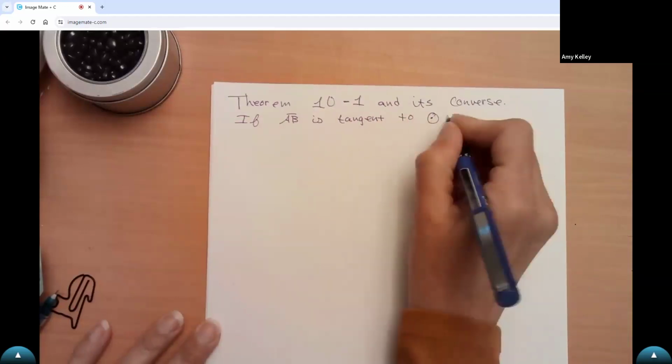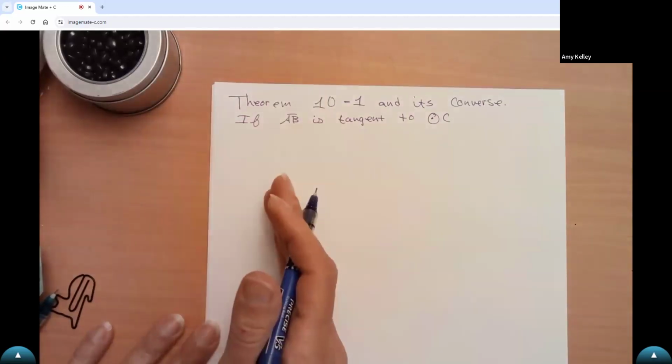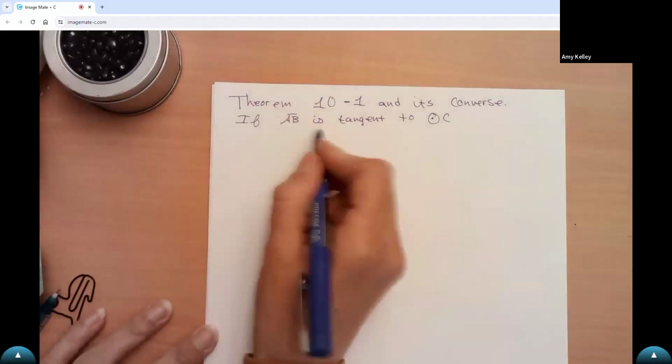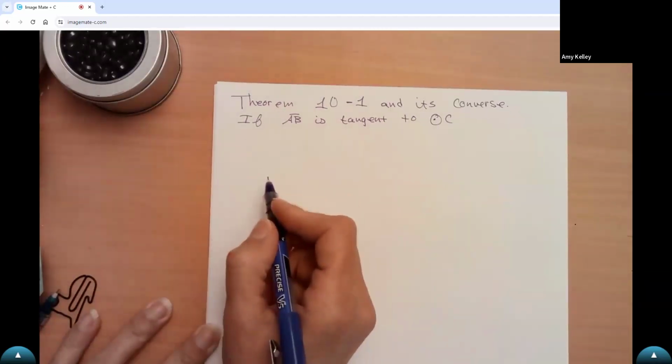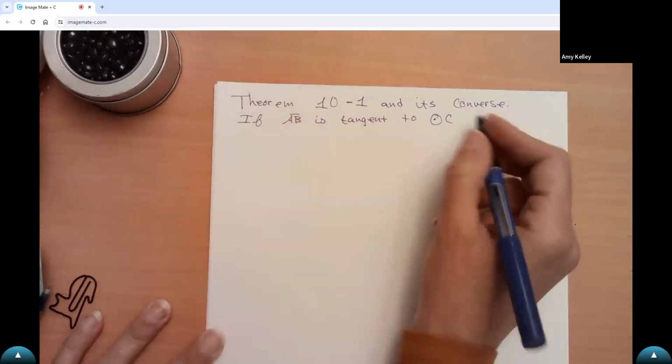Okay, and this really just kind of formalizes what we were just talking about, that if you have a line tangent to a circle, the radius is going to form a perpendicular with that line.